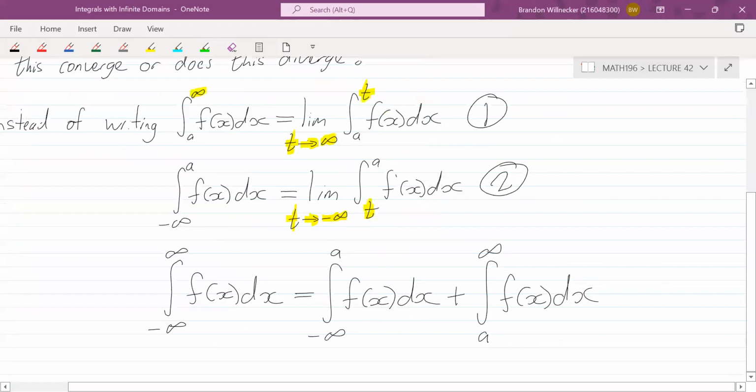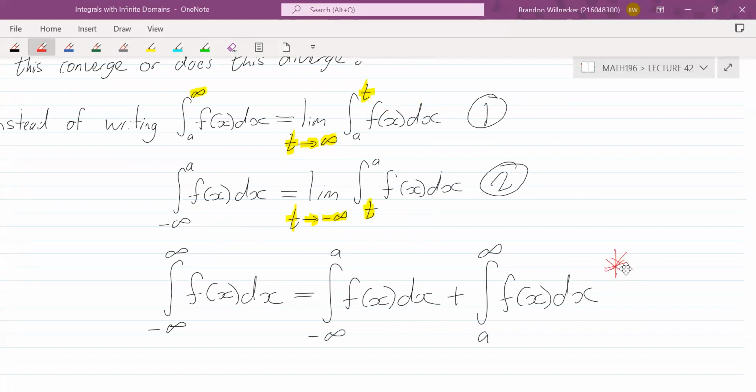Now, just a little warning with this part over here. Both of these integrals need to converge for the resulting integral to converge. If one of them diverges, then the original integral must also diverge. It's like saying infinity plus 2. That's still going to be infinity.